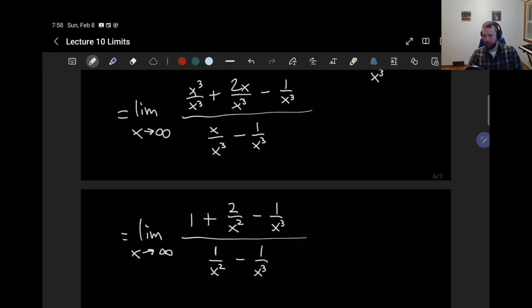Now you may be thinking, hold on, this looks very complicated. But this is actually much better suited for plugging in large x. Because remember, finite number divided by something that's growing towards infinity, it means that part is headed to 0.